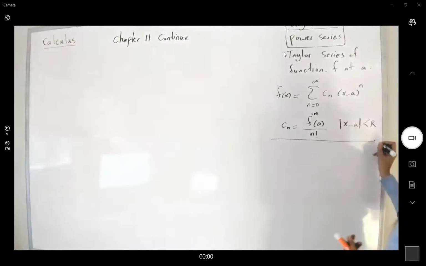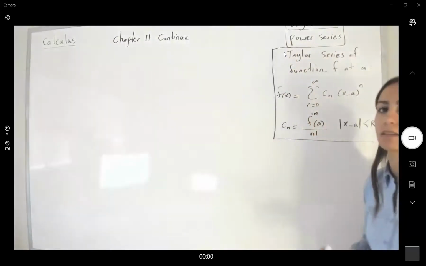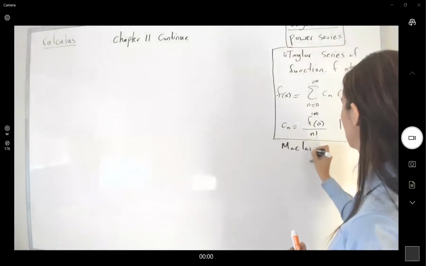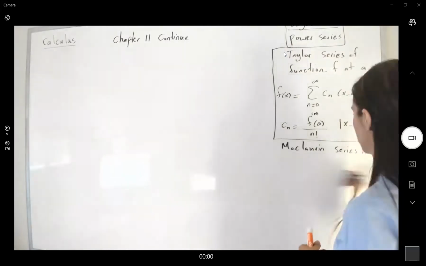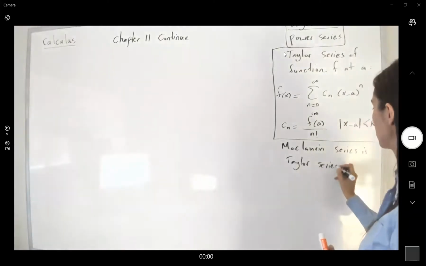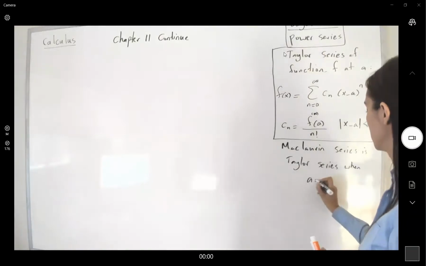And we just learned that a Maclaurin series is nothing but a Taylor series where the center is at 0, that is, the Taylor series when a is equal to 0.